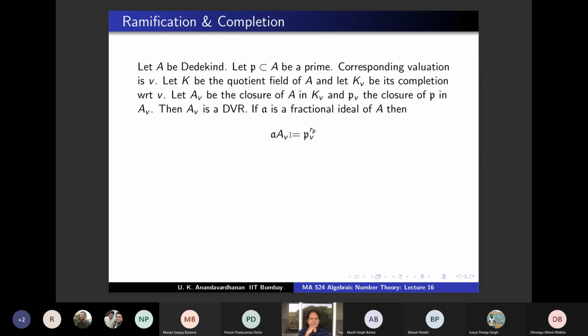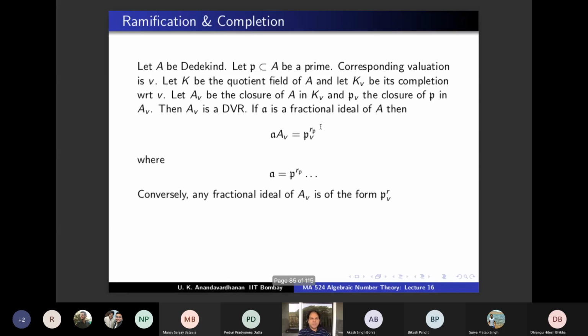But what is it? It is the ideal generated by 2 squared, no? So what I want to say is, whatever power comes here, it is exactly that power. Where 𝔞 you can write as P^{r_P} and so on, this is in A, in capital A, and the same r_P will come.